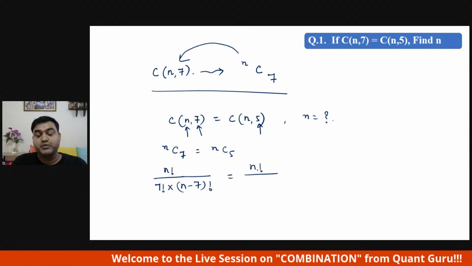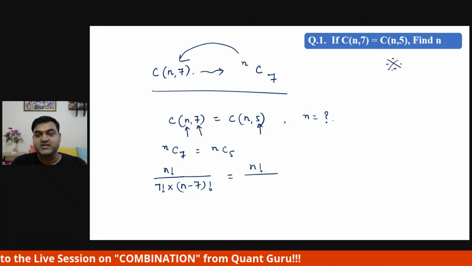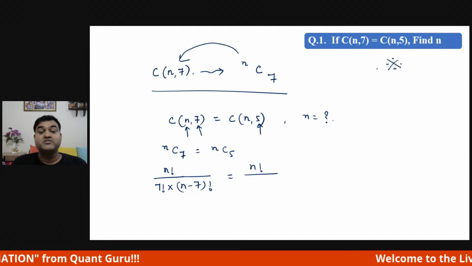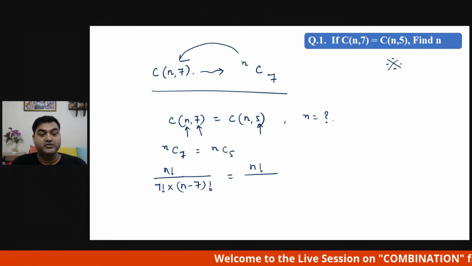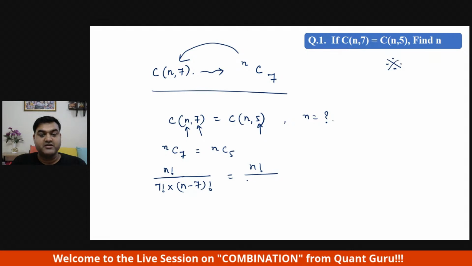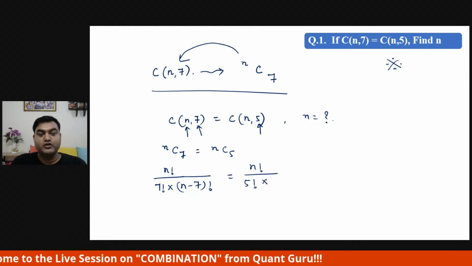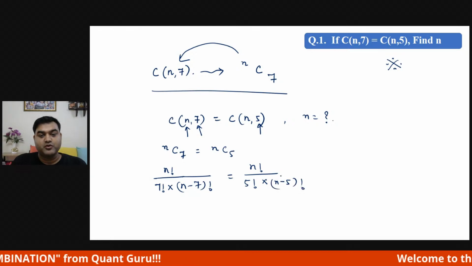This is a very important sum. You can mark it as very important, because this same sum, changing the values of 7 and 5, was asked in 4 different placement papers. That is why I have taken this question. nC5 can be written as n factorial divided by 5 factorial into n minus 5 factorial. Hope you are getting it.